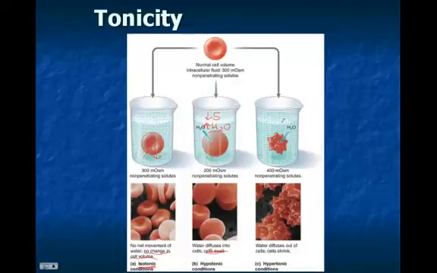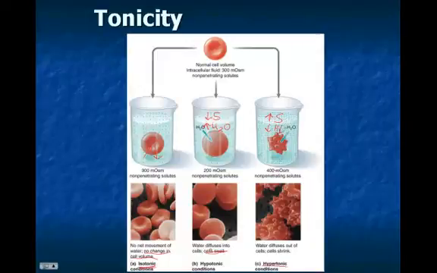Okay, then in the last case here, this is a hypertonic solution. So we've taken a red blood cell and put it in a solution that has lots of solute. In this case, that means we have high solute here, and then we have less room for water.